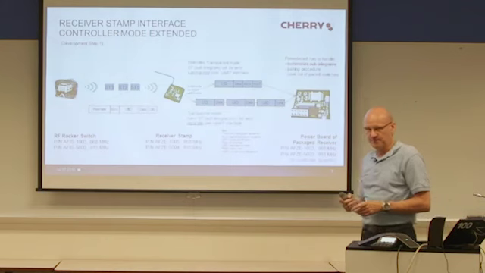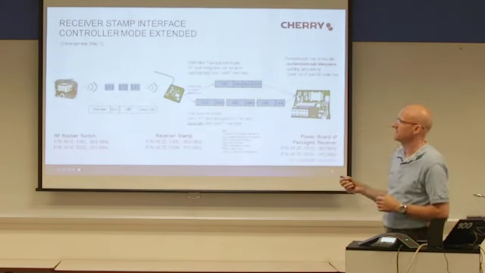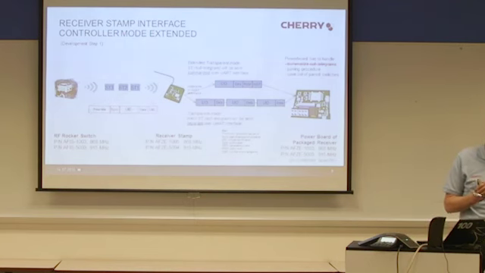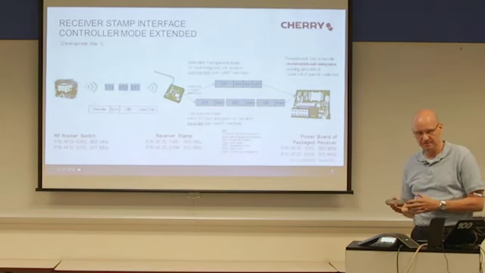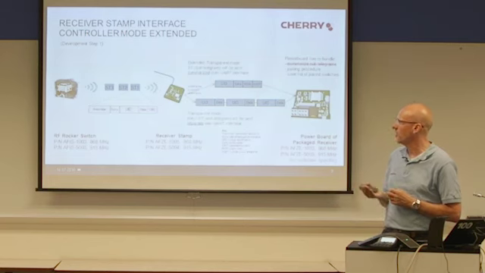So, next step. In the next step, we called it development step 1. The first samples of this development step we will get at the end of July. And in mid-August we will get the first delivery of 200 pieces per week of development step 1.